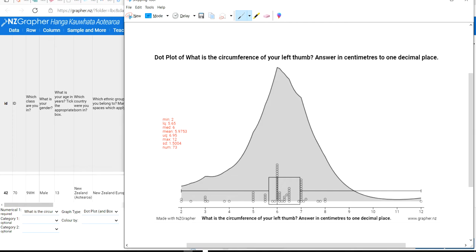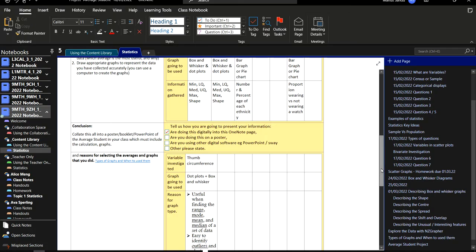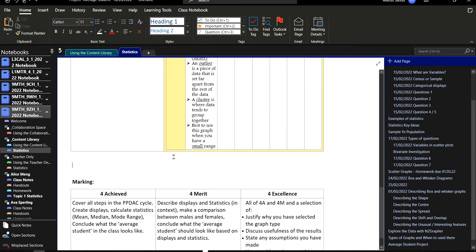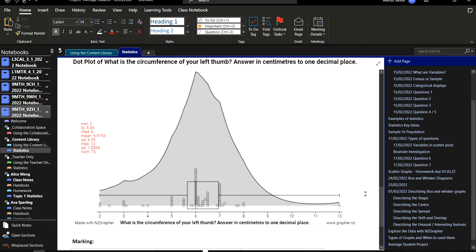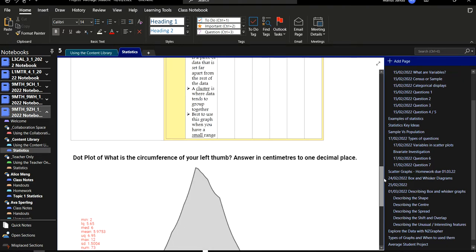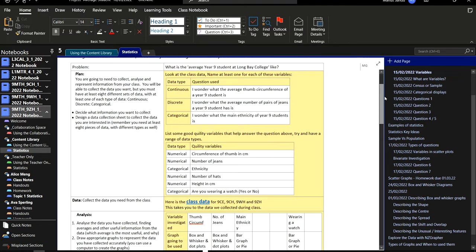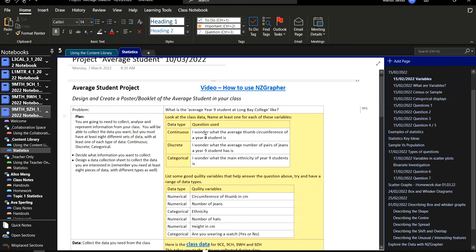All right? And now I can enter that, just paste it in there, of what is the circumference of your left thumb. I can even add before that my question. What was it? I wonder what the average thumb circumference of a year 9 student is. So let's copy that.